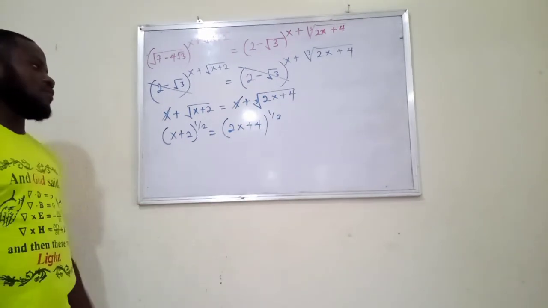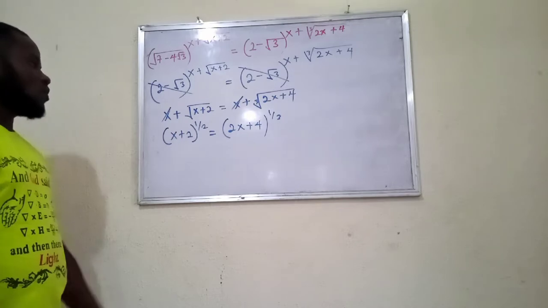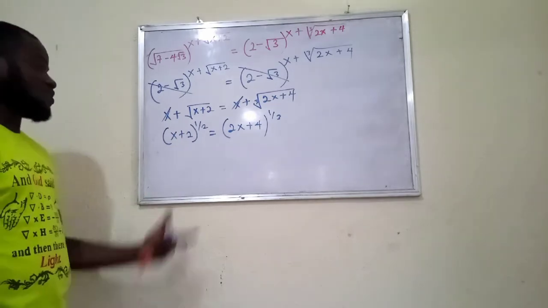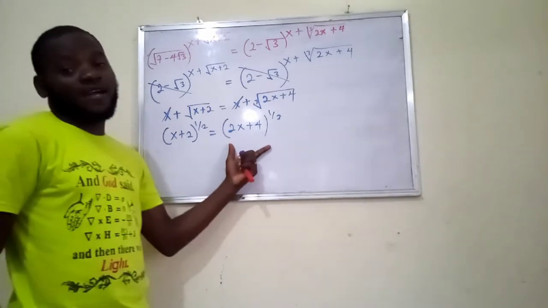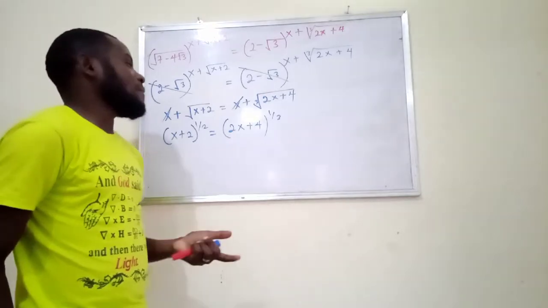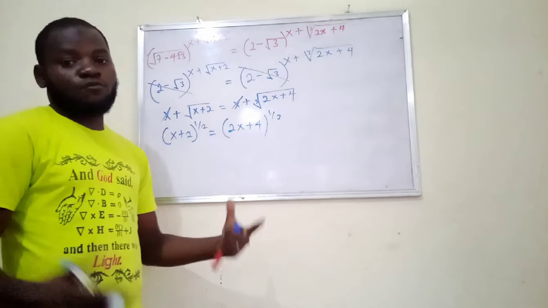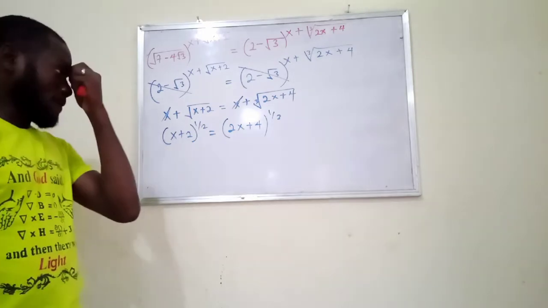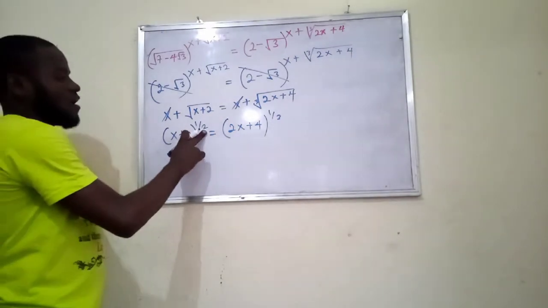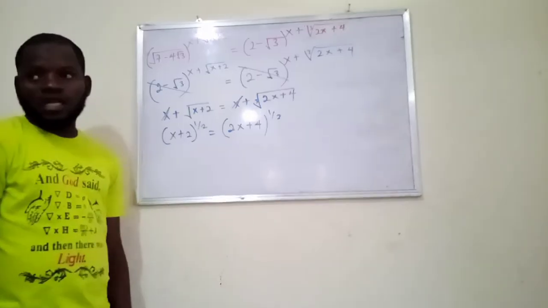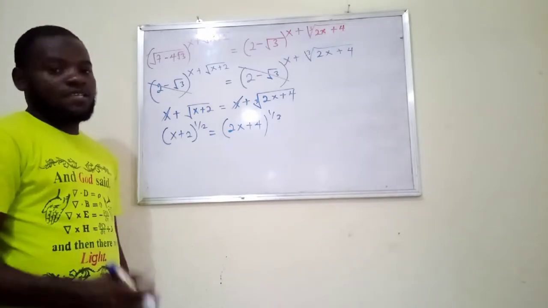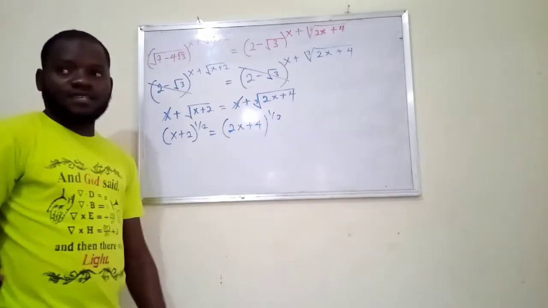Now to make this simple, don't waste your time trying to expand this and this and then collect the like terms. You might arrive at the answer, but you tend to waste more time and it's not professional. So let's just look for the LCM of 2 and 3, and that will give us 6. So let's multiply the powers by 6.